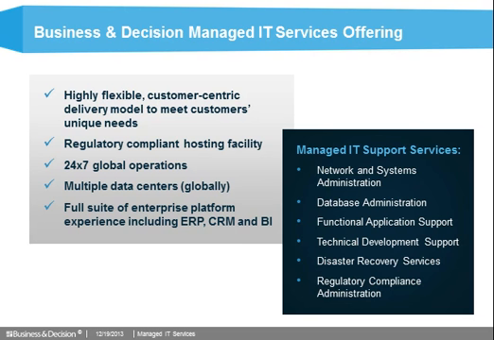And what we do is that list that you see on the right. We provide network and systems administration, database administration, functional application support, technical development support, disaster recovery services, and regulatory compliance administration. So we take all of these things and we wrap them around. Now we have implementation and consulting capabilities within these, but really what we found the most value is in doing these services for companies, it really is a win-win.